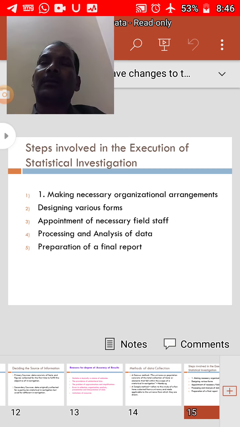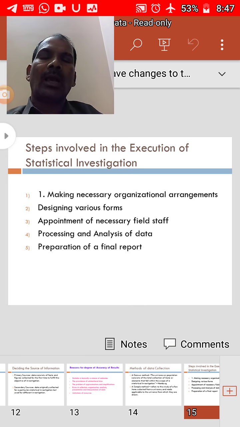The statistical investigations which have smaller coverages do not require elaborate organizational arrangements, but those investigations which are wider in scope require elaborate organizational arrangements.